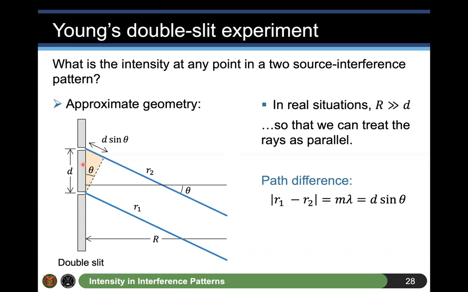Since they are aligned, if we subtract R1 with R2, what remains is d sine theta, just this part. If we obtain the path difference, and using our path difference equation from earlier, it should be m lambda.